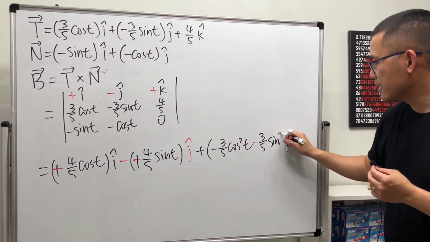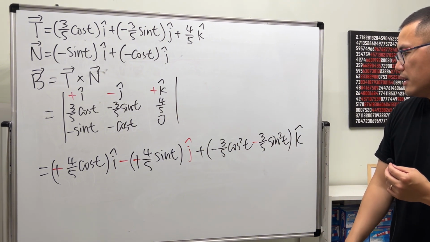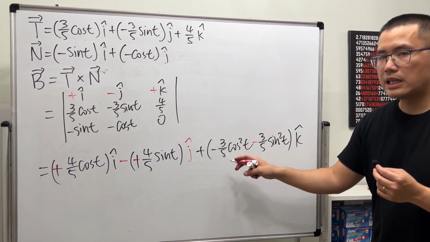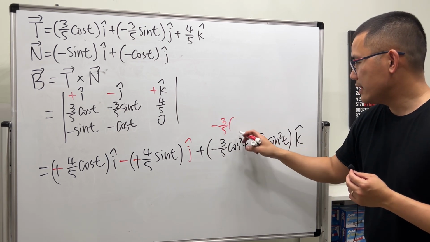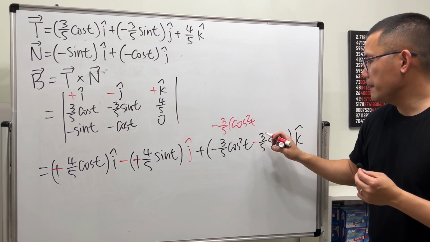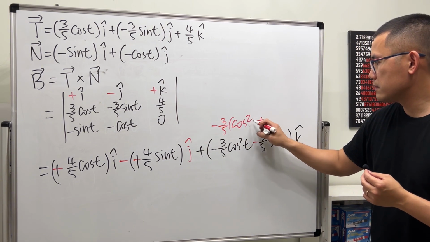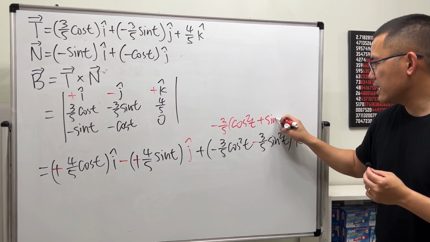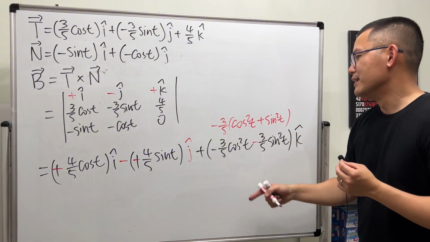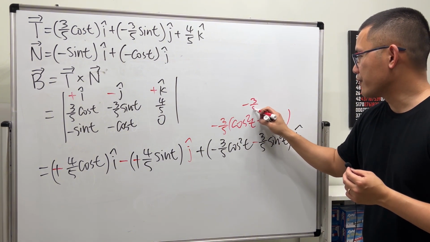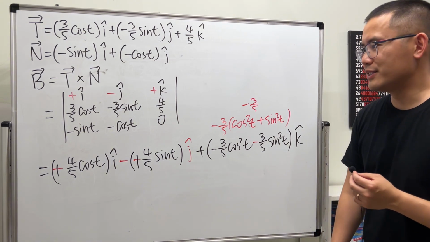That's the k component. Now, if you look at this, we can factor out a negative 3/5, not so bad. And then we end up with cosine squared t plus sine squared t, and of course, that's our good friend 1. So all in all, it's just negative 3/5. And that's pretty much all the simplification that we can do.